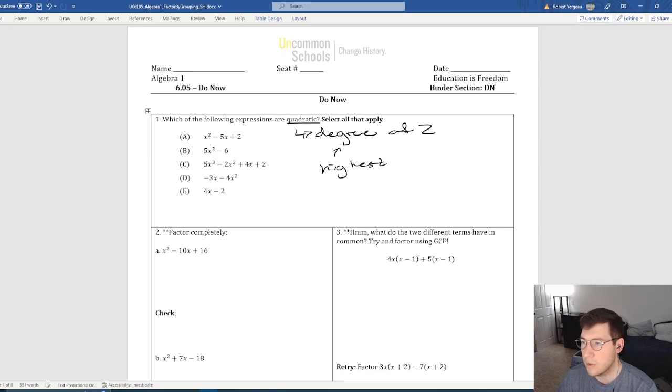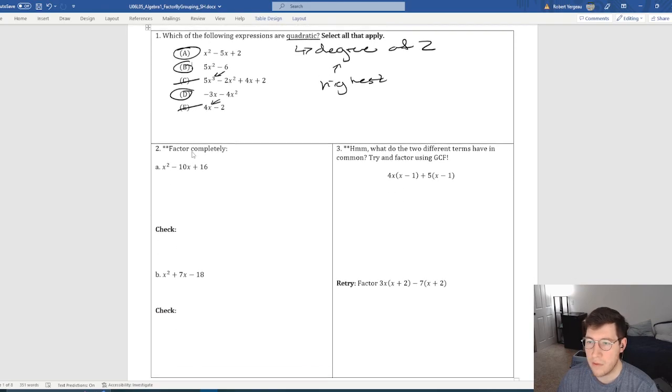And so we need something that has a squared, nothing greater, but also nothing less than a squared. And so A, B, C is not going to count because we have this cube right here. D works, and then E is also not going to count because take a look, there's no square, right? That's mx plus b, and so we know hopefully that that's linear.